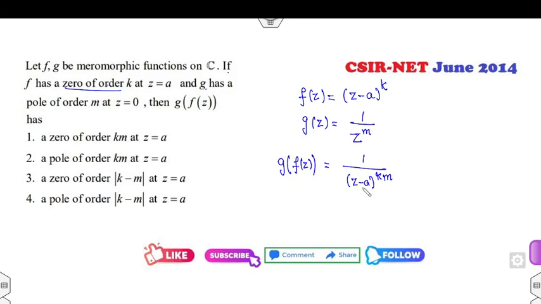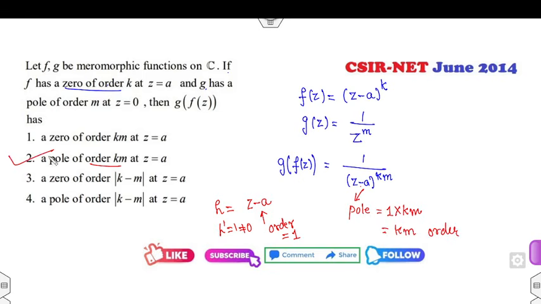Now clearly this is a pole. If I simply consider z minus a, what is the order of this pole? Order is 1 because if you consider it as h, h dash is 1 which is non-zero. So this quantity has a pole of order 1. The power is km, so the pole has order km at the point z equal to a.